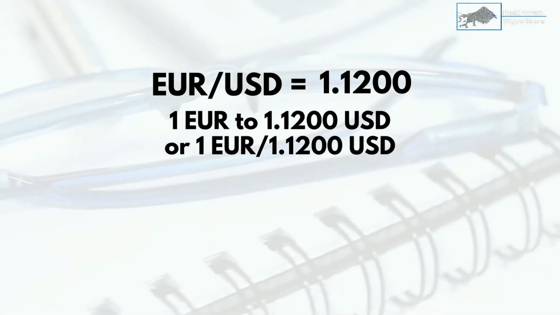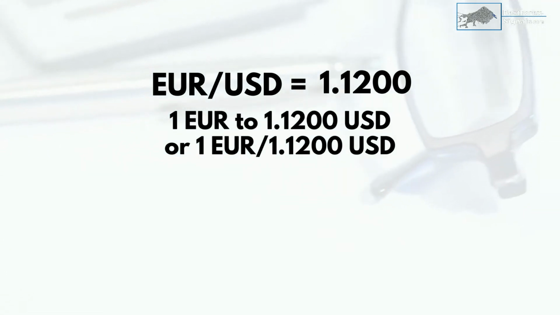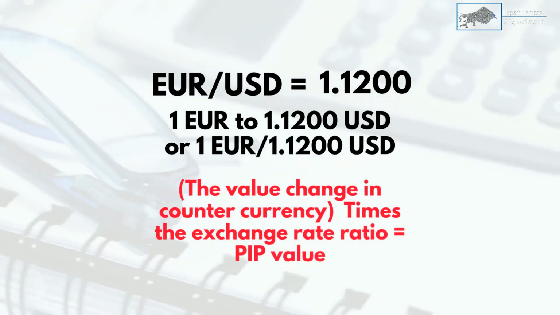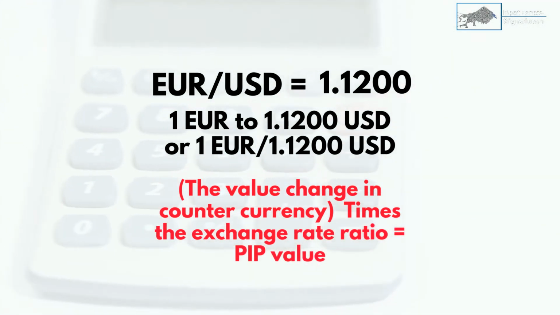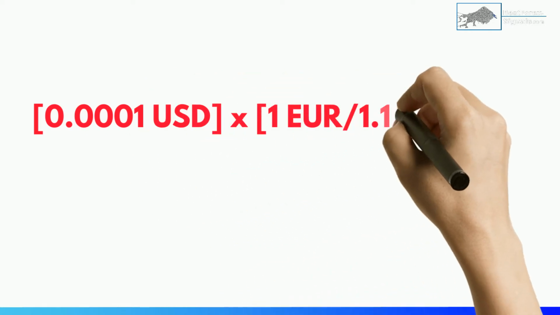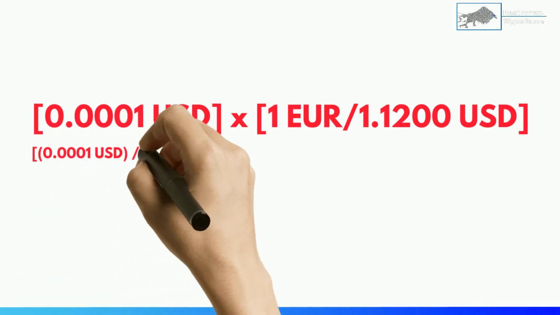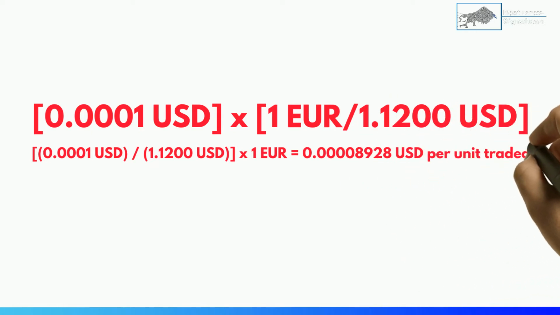So here the pip value will be calculated as follows: the value change in counter currency times the exchange rate ratio equals pip value. 0.0001 USD times 1 EUR/1.1200 USD, or simply 0.0001 USD divided by 1.1200 USD times 1 EUR equals 0.00008928 USD per unit traded.